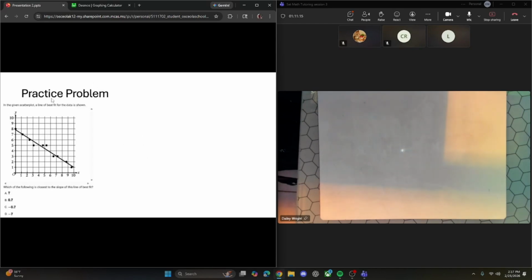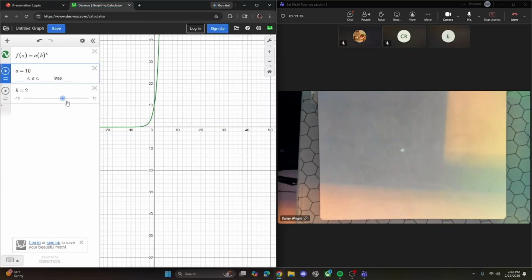Okay. In the given scatter plot, a line of best fit for the data is shown. Which of the following is the closest to the slope of this line of best fit? Well, we can automatically see that the line is decreasing. So it's not going to be A or B, because A or B are both positive. And if a line had a slope that was positive, it would be increasing.